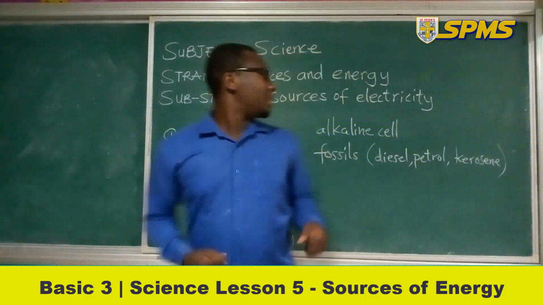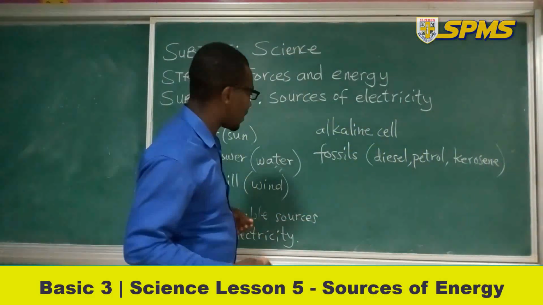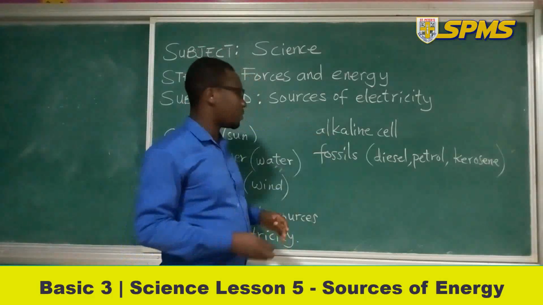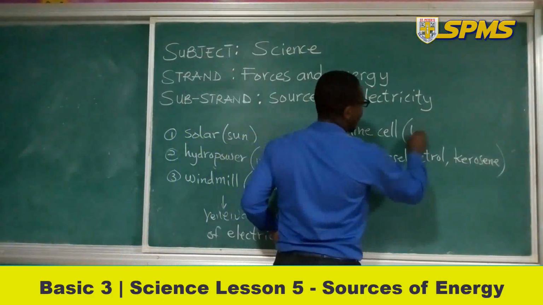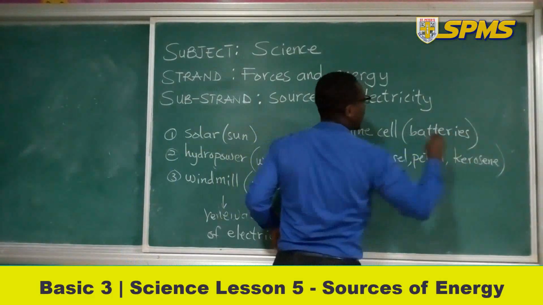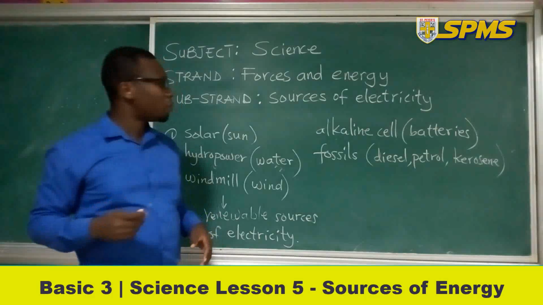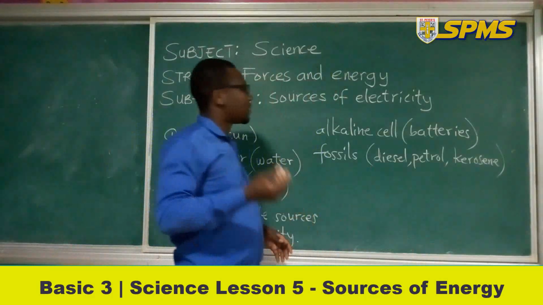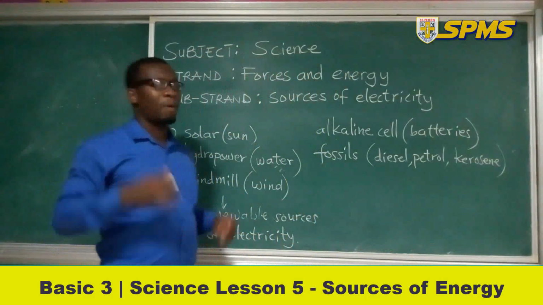Now let's look at the other side. Let's look at the alkaline cell, which of course are the batteries that we use in our phones, also in our torchlights, and also for our Walkman.